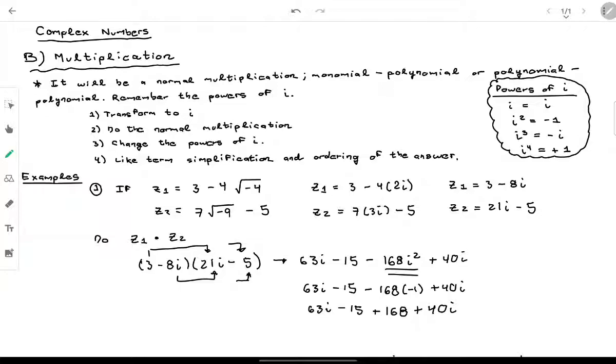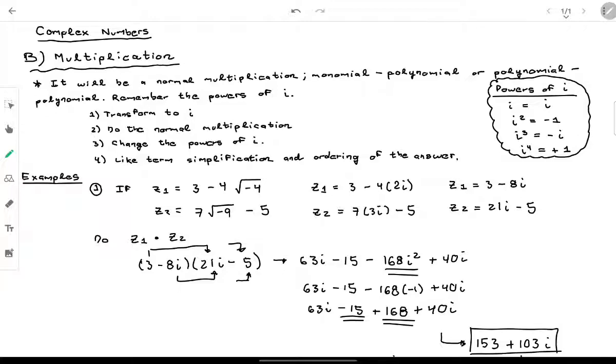That means our answer is going to be, remember, first we need to write the real number: 168 minus 15 is 153. 63i and 40i, it's going to be plus 103i. And that's going to be my final answer.